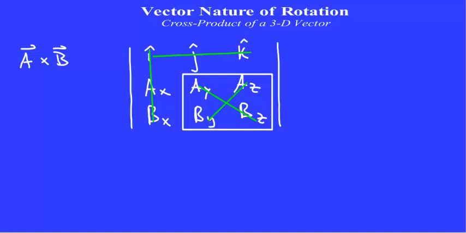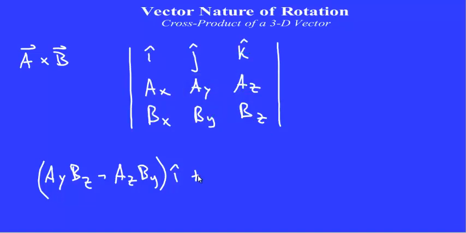What that ends up looking like is ay bz minus az by, all in the I direction. Now we're going to do the j component. To do the j component, I'm going to pause and clean up the determinant again. With the j determinant, you cross out this and this, and now we're left with ax and bx and az and bz.